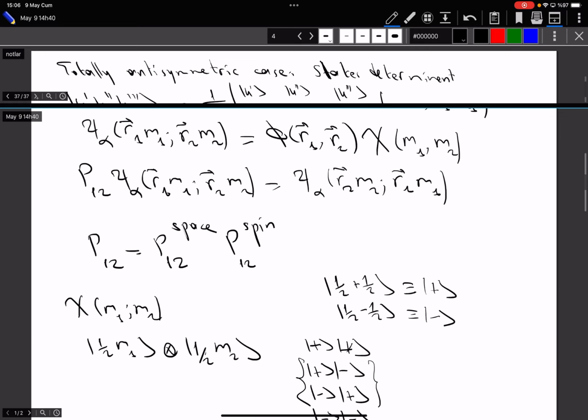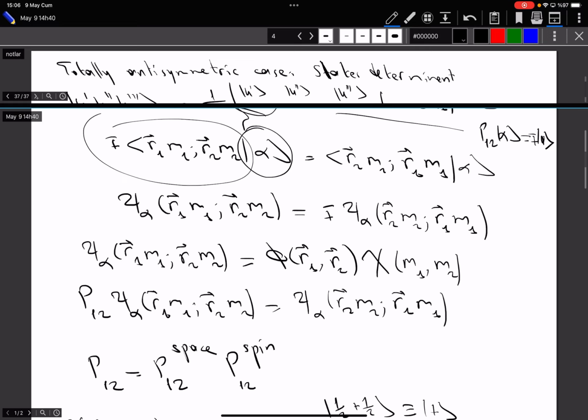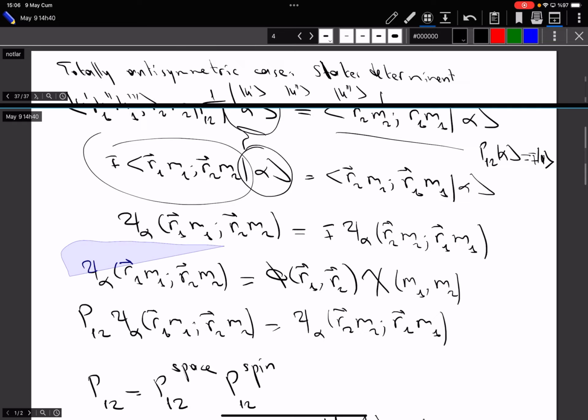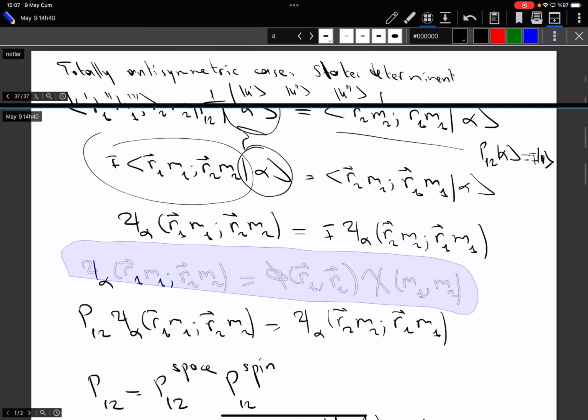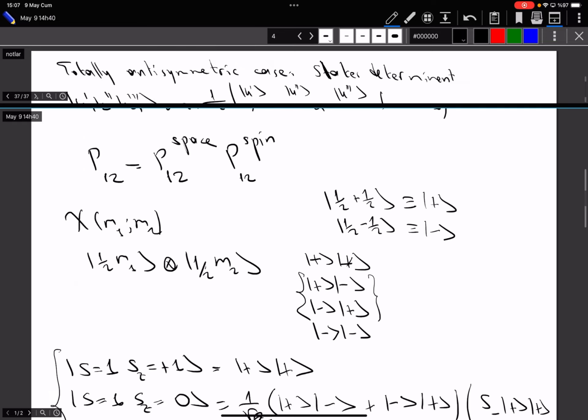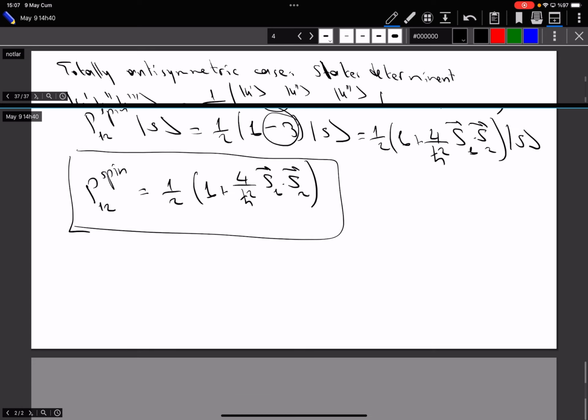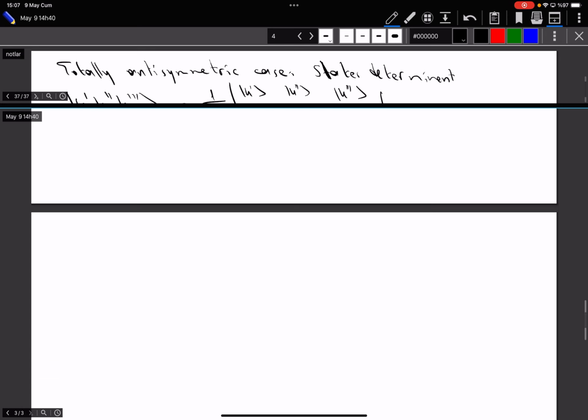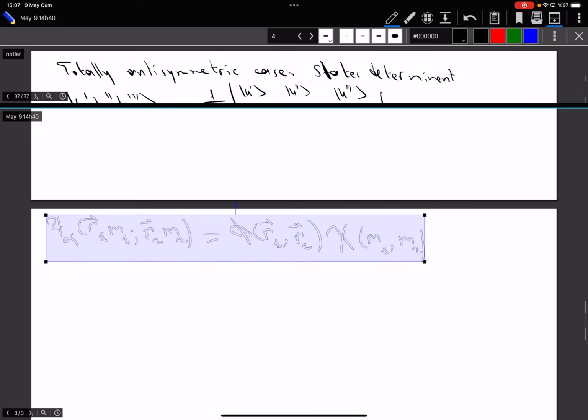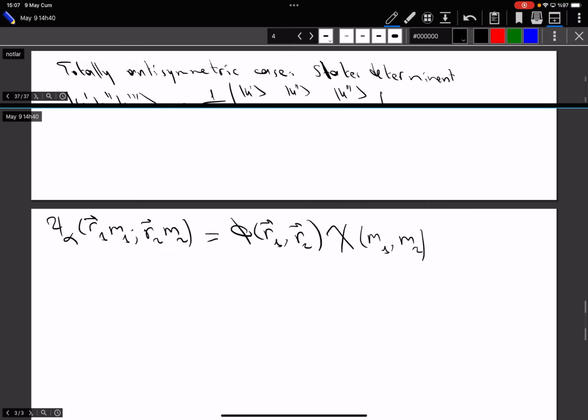So let's go back to our wave function. You see, we have this factorization of the wave function in terms of spin degrees of freedom and space degrees of freedom. And we are looking at electrons.